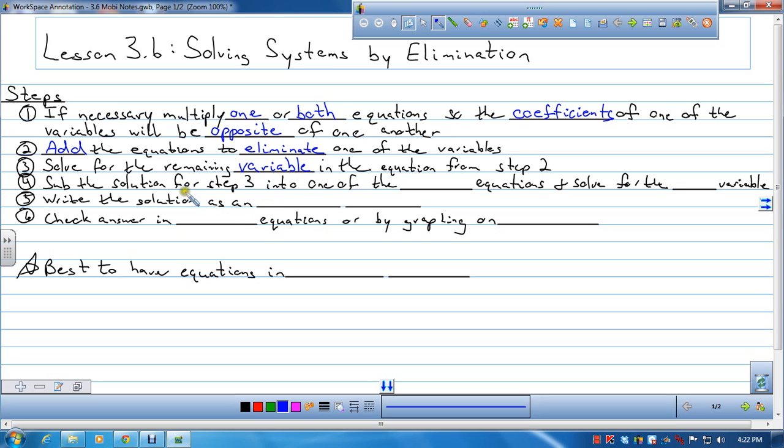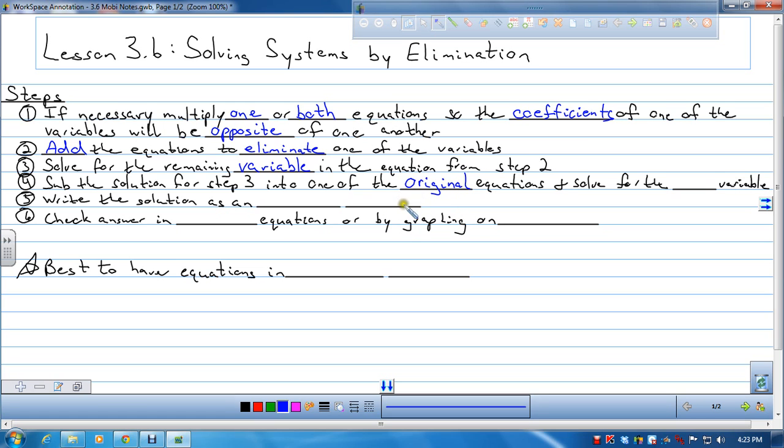Then we are going to substitute the solution from step 3, the one that we did there, into one of the original equations, and it doesn't really matter which one you do here, just one of the original ones.